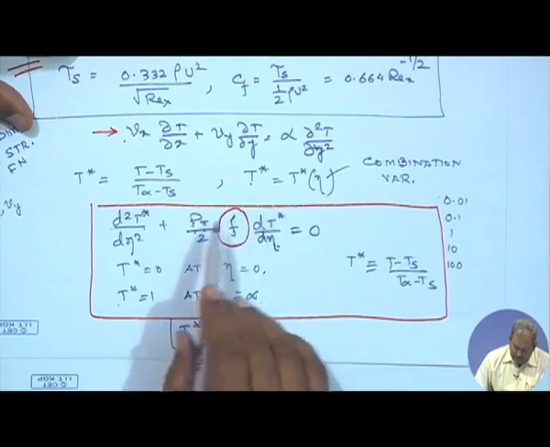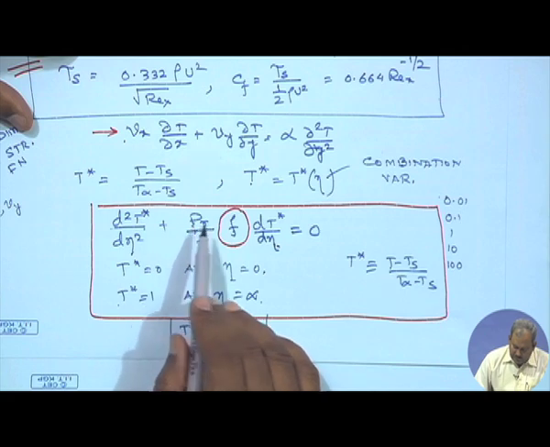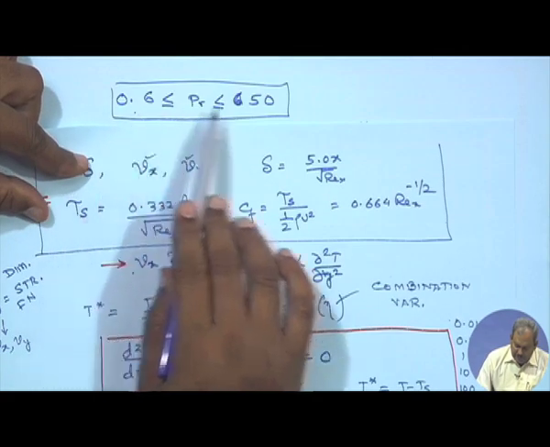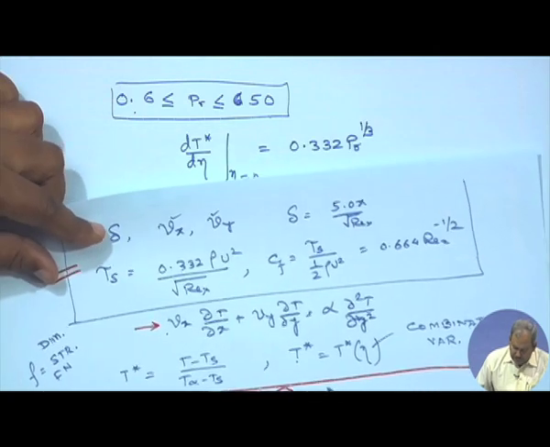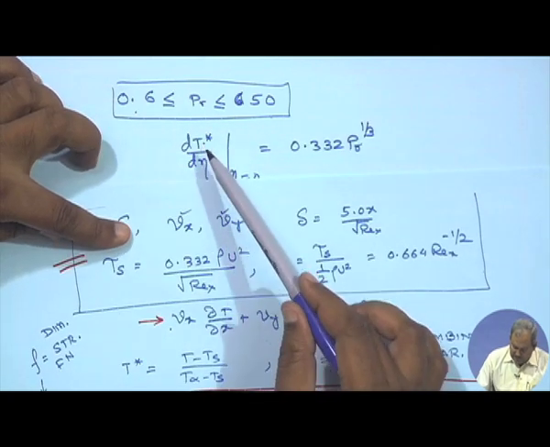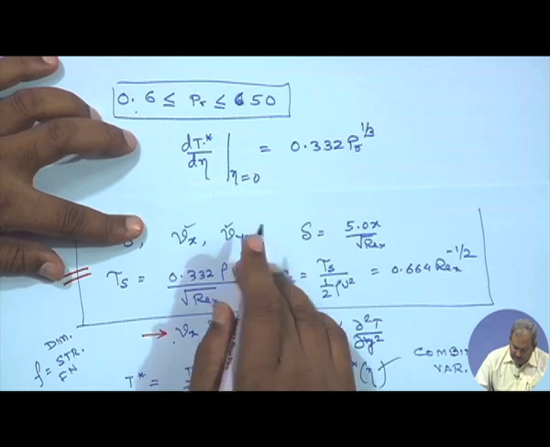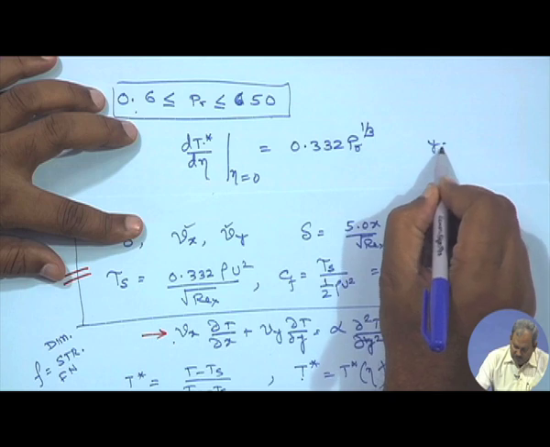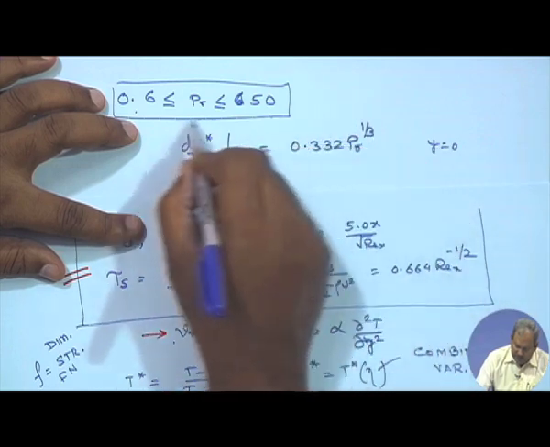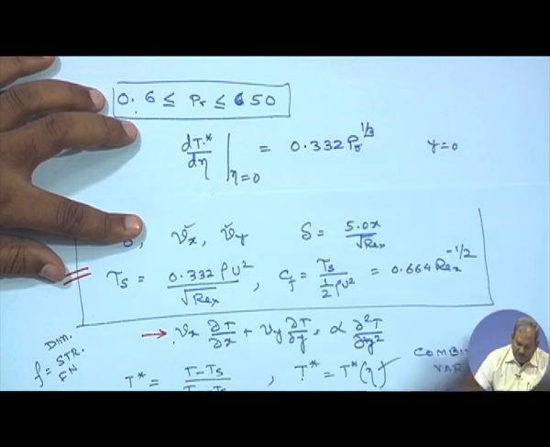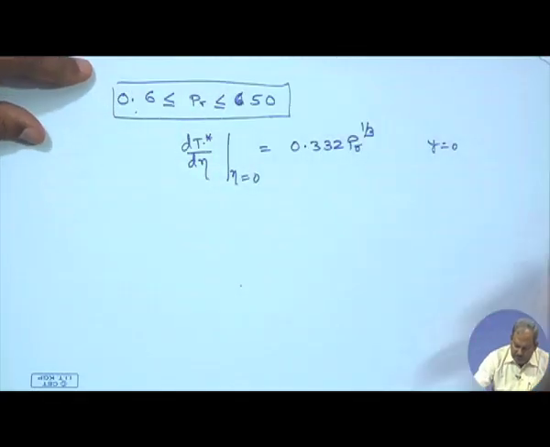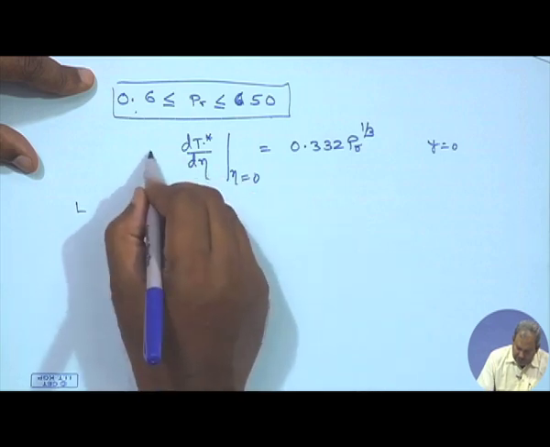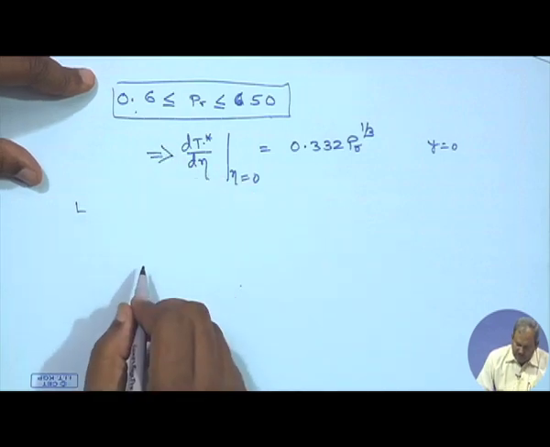For a value of Prandtl number in the range 0.6 to 50, the temperature gradient at eta equals 0, that means at y equals 0, can be fitted to this form, Prandtl to the power 1/3. So, with this experimental and numerical observation we now proceed.